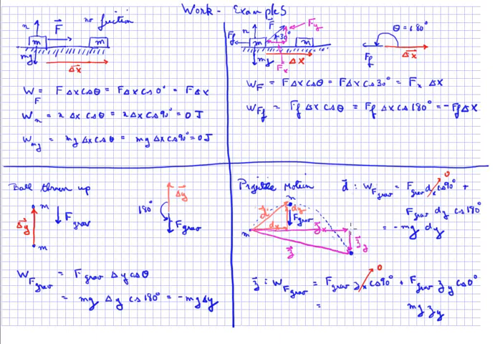All the work is done here, for the same reason as above, because the cosine of 90 is 0. The second term is the only one that stays in: the magnitude of F gravity, times the y component of z, times the cosine of 0. Cosine of 0 is 1. And so that's just going to be mg z sub y. This right here is positive work done by gravity. This is negative work done by gravity.